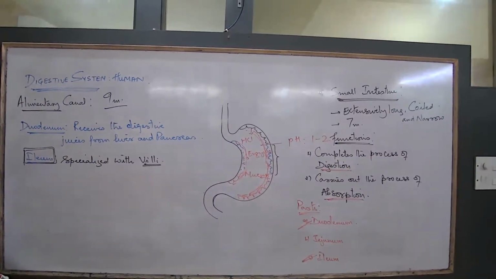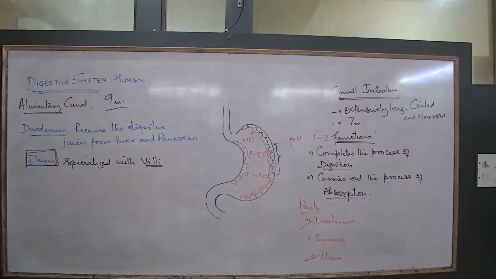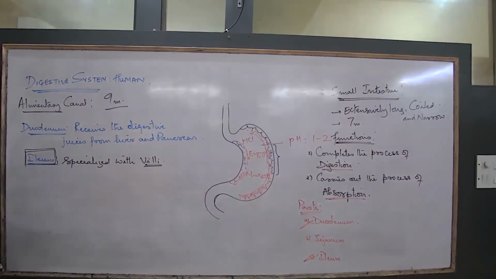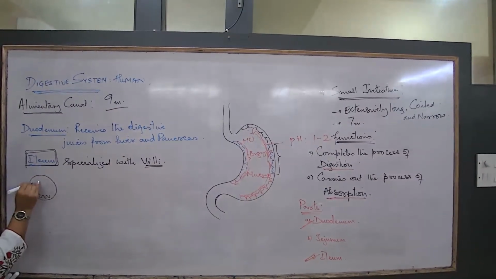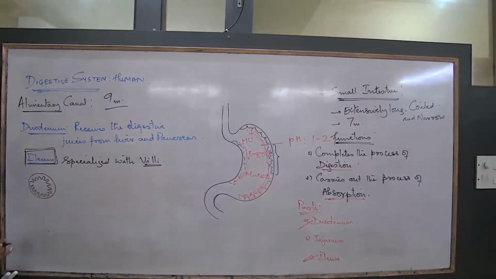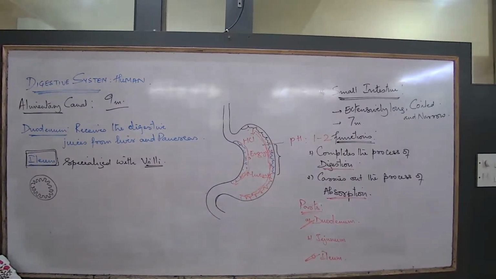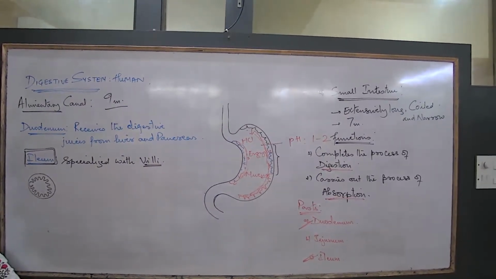If I cut the ileum as a tube in cross section like this, I get to see that the entire ileum has extensive folds on the inner wall, and since it has extensive folds on the inner wall, it increases the surface area manyfold.